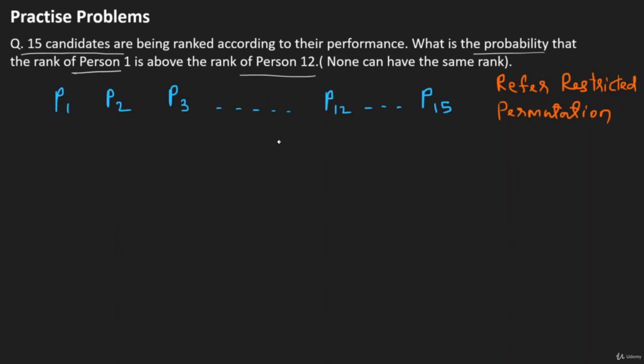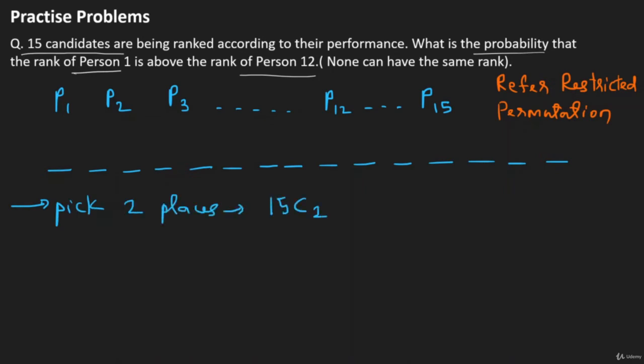Now, 15 people, when I rank them, I will need 15 places. Let me pick any 2 places out of these 15 places, which can be done in 15C2 ways.